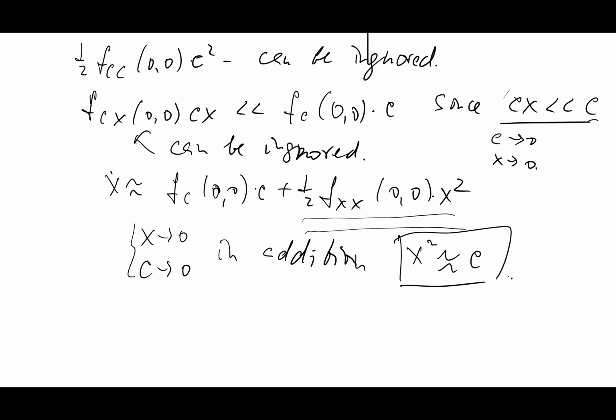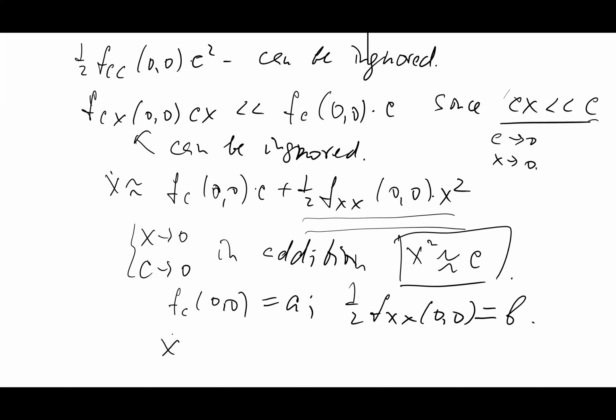Next, we denote this derivative by a, and half of the second derivative over x by b. Therefore, we will have x dot equals a c plus b x squared.